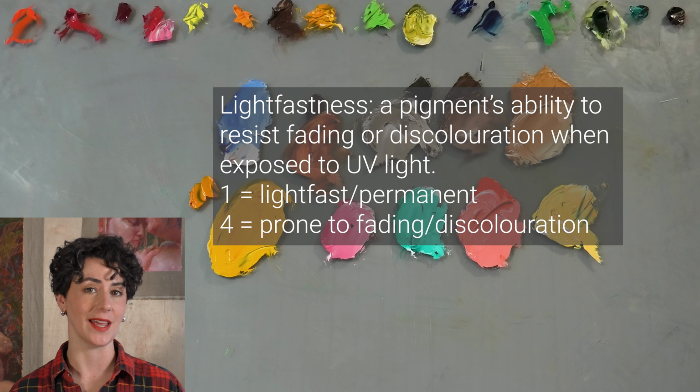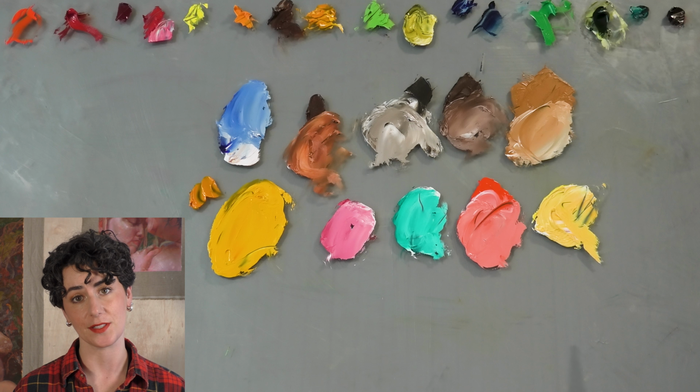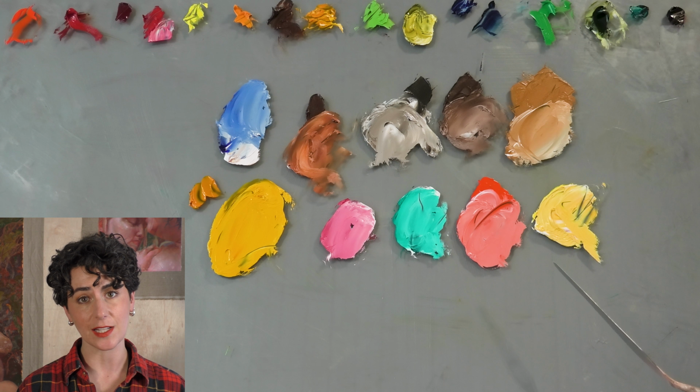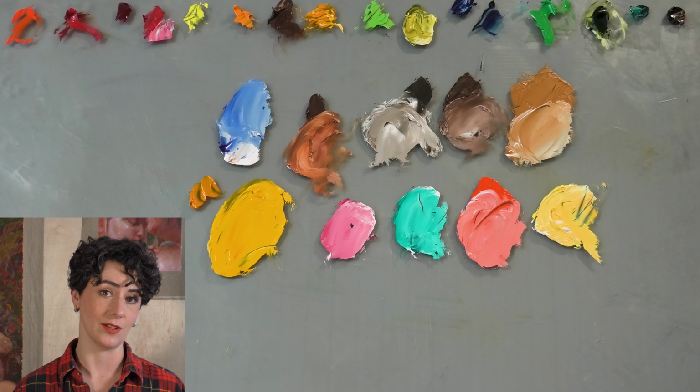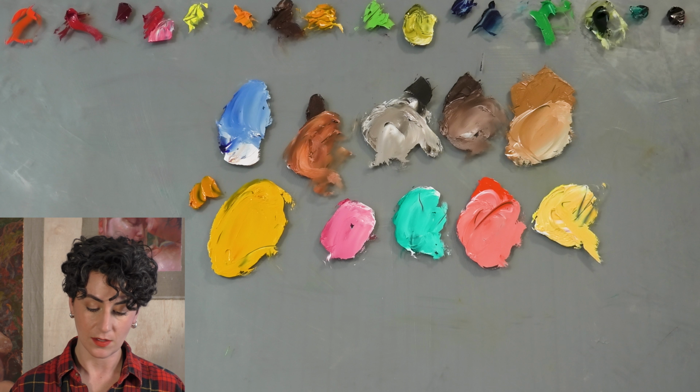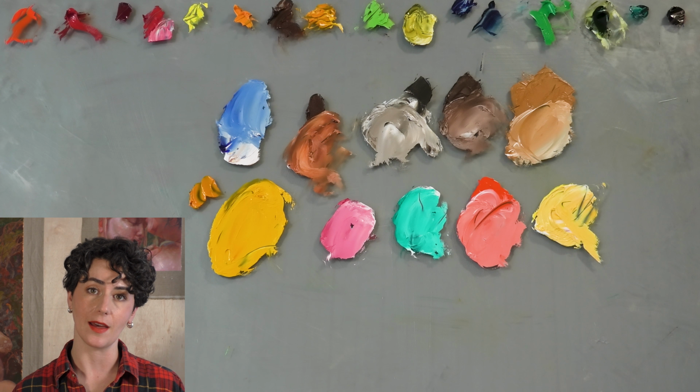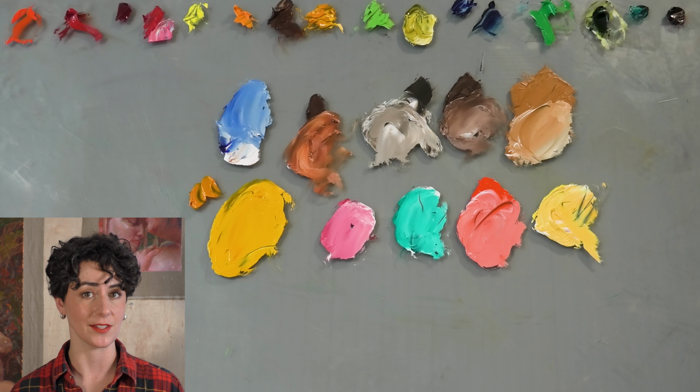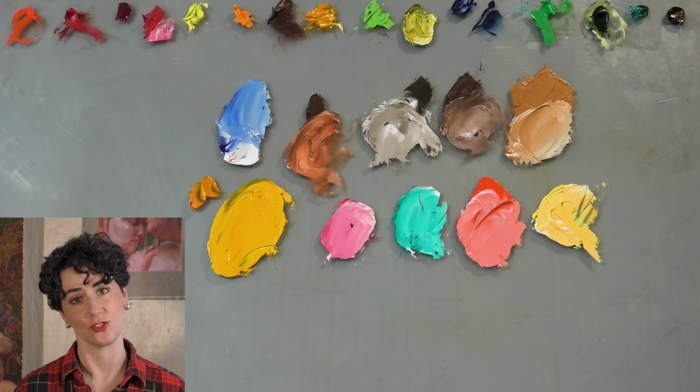So light fastness is whether the color retains its color, its chroma, over time when exposed to sunlight. Inorganic pigments tend to be light fast, again, because they're an actual substance, whereas the organic pigments don't always retain their light fastness. So it's important to look at the tube and it'll tell you whether it's light fast or not, and then make decisions accordingly.